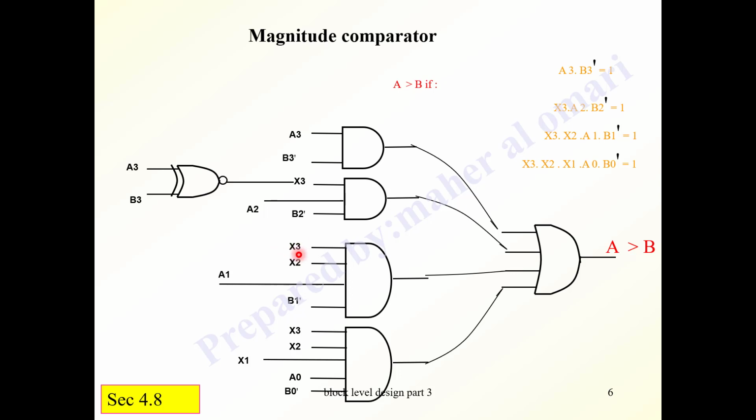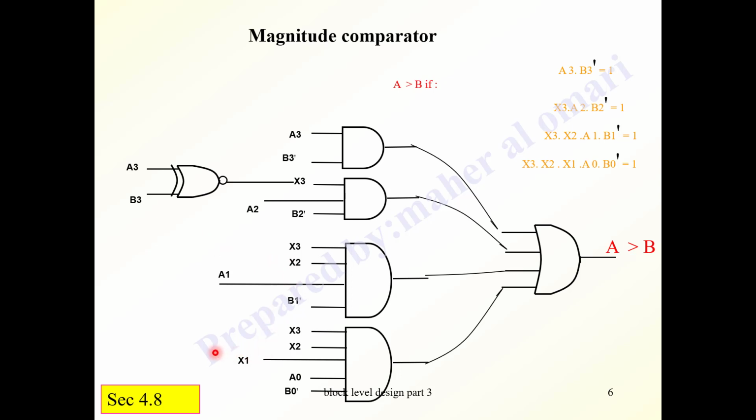Now to have this input here, which is X3, we take a line from the output of this exclusive NOR and we connect it here. And to get X2, we put an exclusive NOR gate here, which has the input A2 and B2, and the output of which comes into X2.